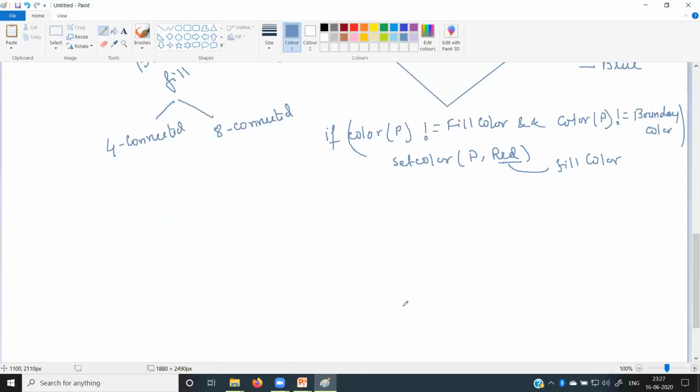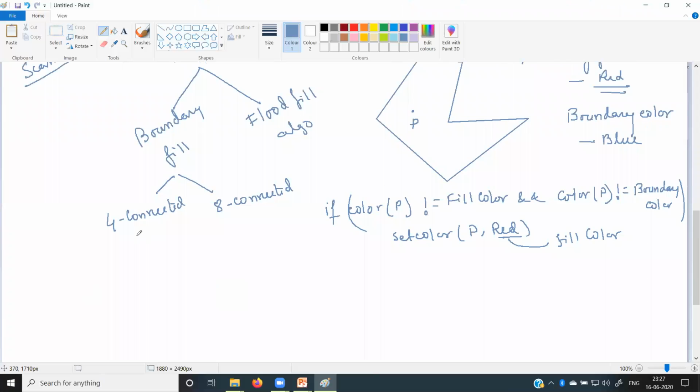Now if it is the 4-connected algorithm, in that case P will choose the 4 nearest neighbors. So what will be the 4 nearest neighbors? You see, I am drawing the grid structure, the pixel structure for the points.